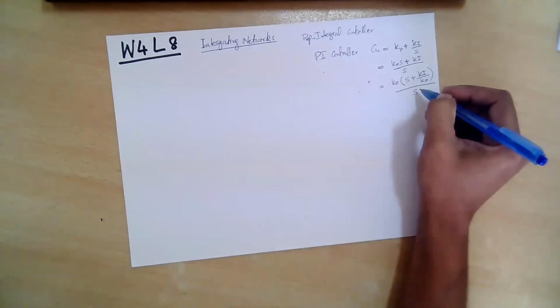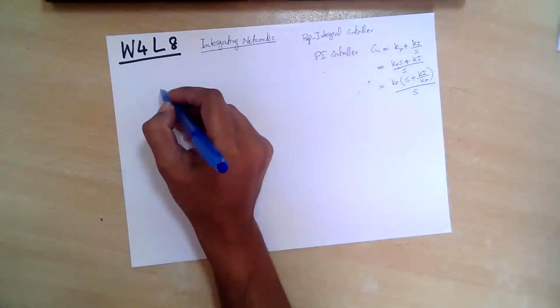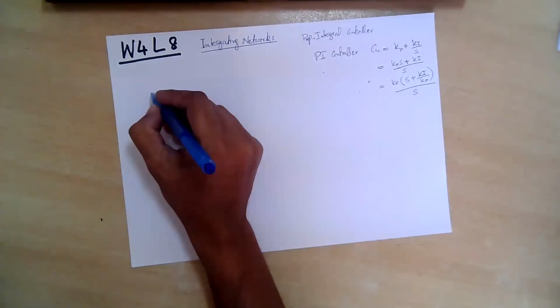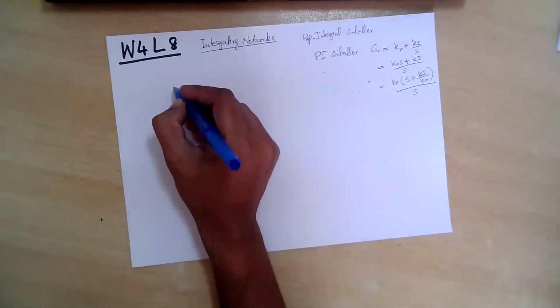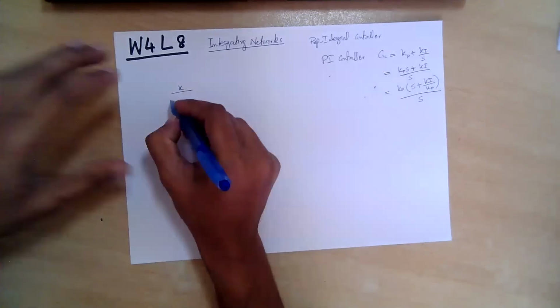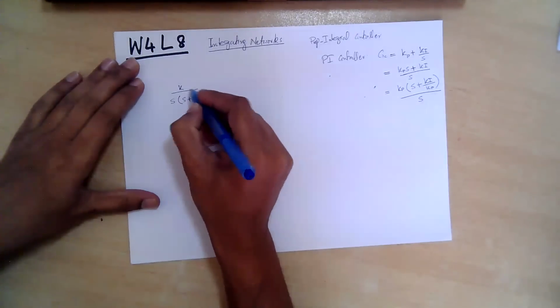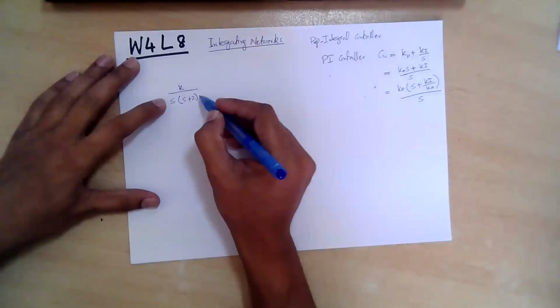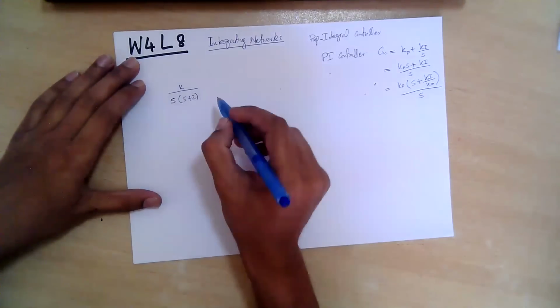One way to reduce that error is to increase the velocity error constant. Suppose the loop transfer function is given as K over s(s plus 2); it will have a velocity error constant because the error will be finite against a ramp input.